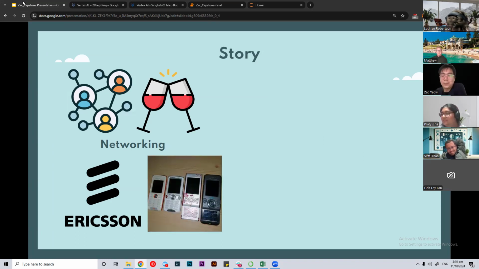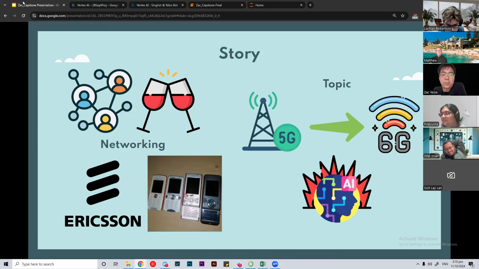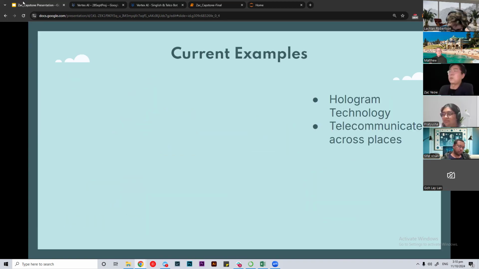Basically, we were talking about how 4G has moved to 5G, and she is looking at when technology moves from 5G to 6G. Every G that they add is basically 100 times faster, and how that will affect the AI landscape as well.